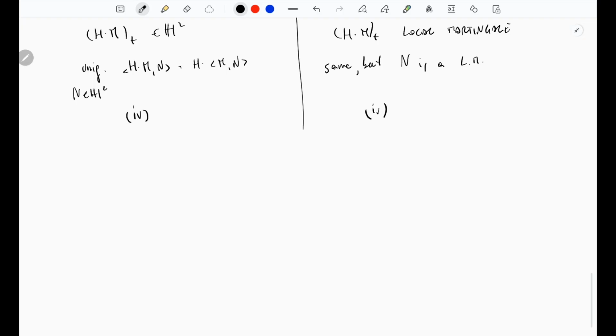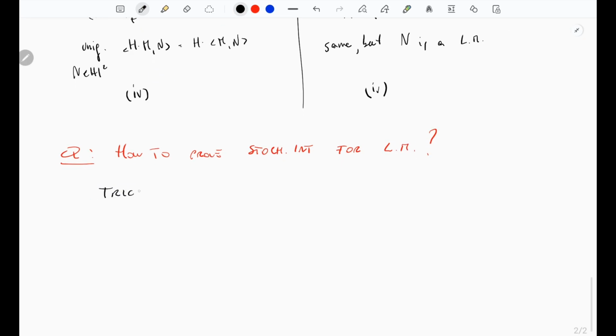Well, the trick is, to prove the stochastic integral for local martingales, you define appropriate stopping times.